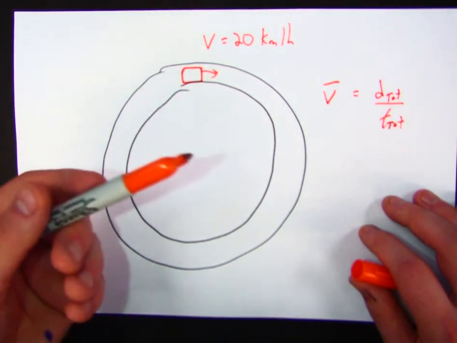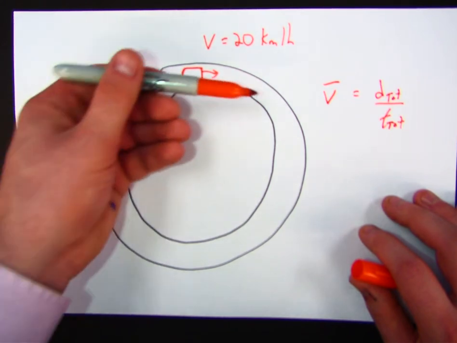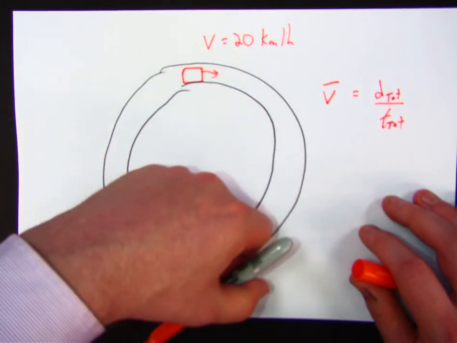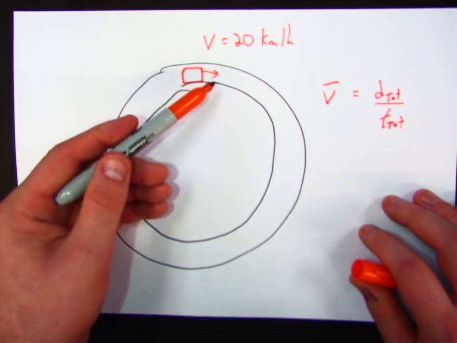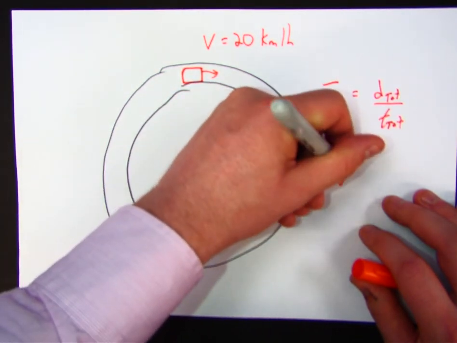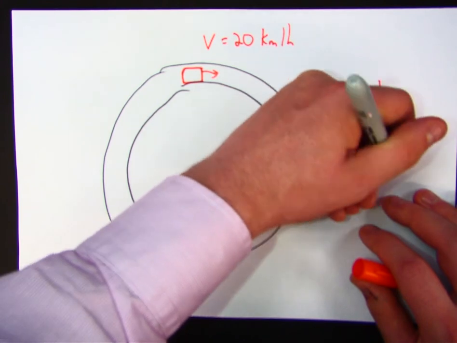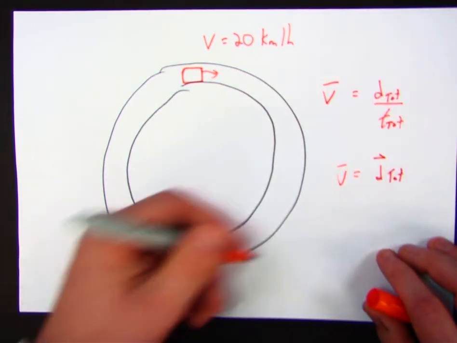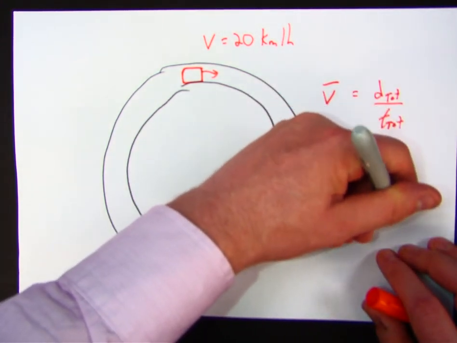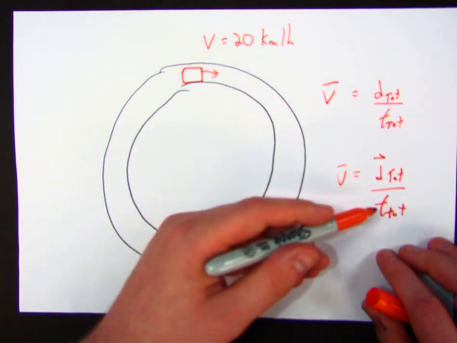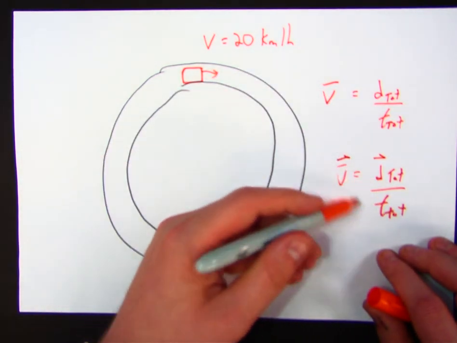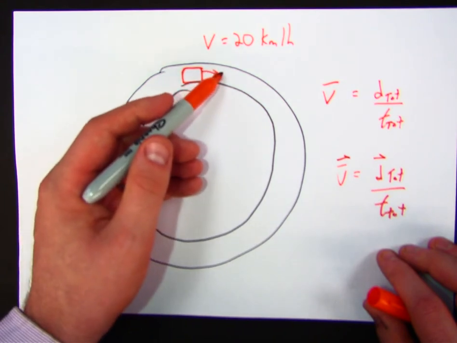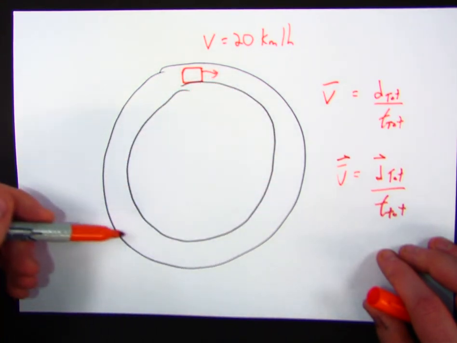If I want to find the instantaneous velocity, I could do it just again from looking at this. But the average velocity would be the total displacement over the total time, and this one would represent the average velocity.